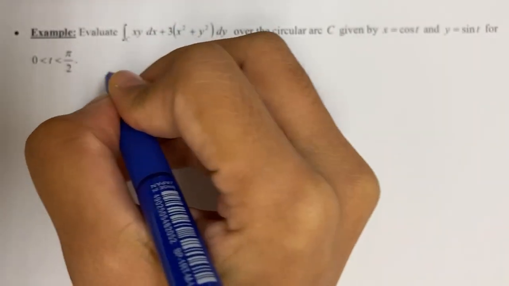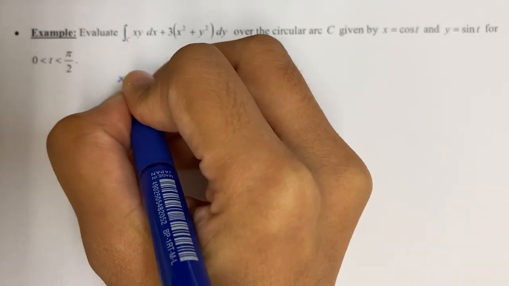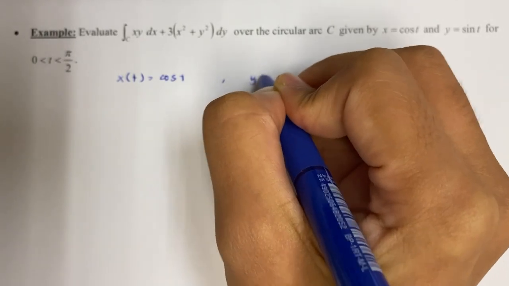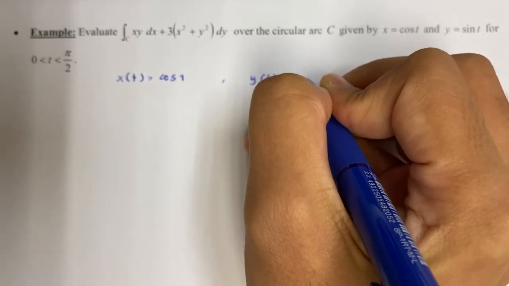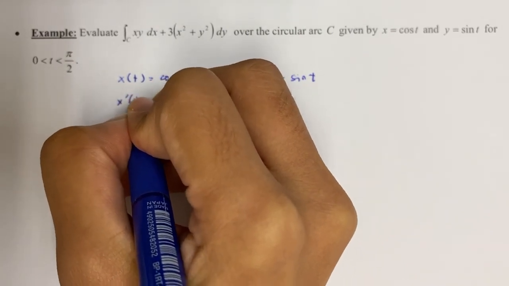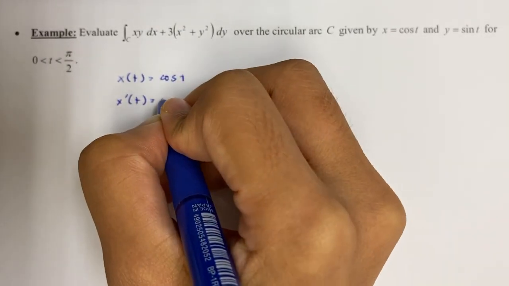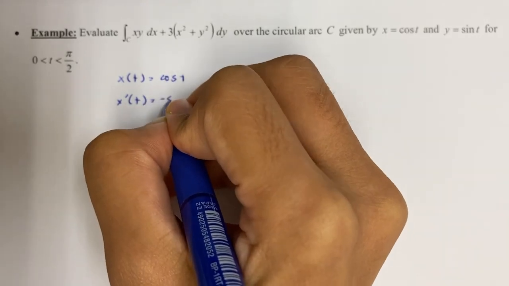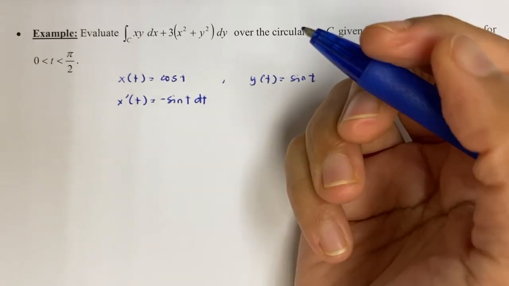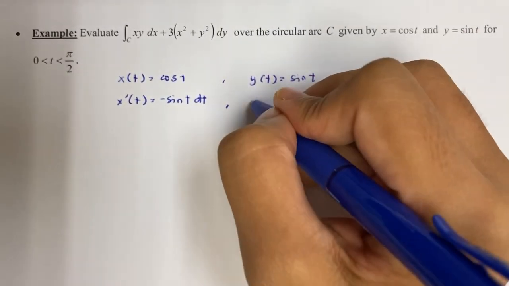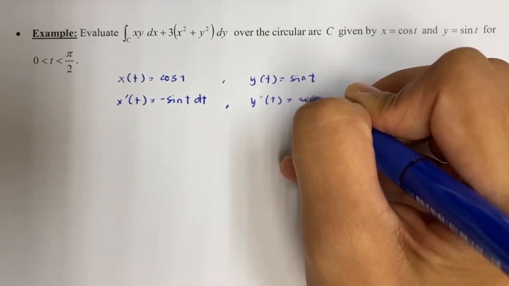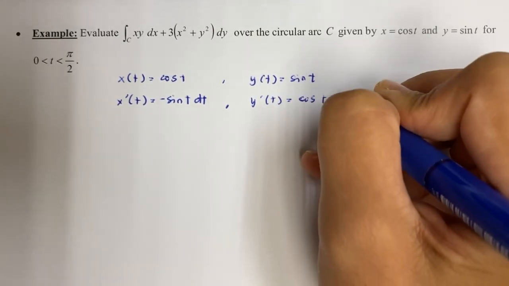To solve for this one, your x(t) is equal to cos t and your y(t) is equal to sin t. This is given. Find x prime t. Differentiating cos t gives negative sin t dt, and then y prime t is equal to cos t dt.